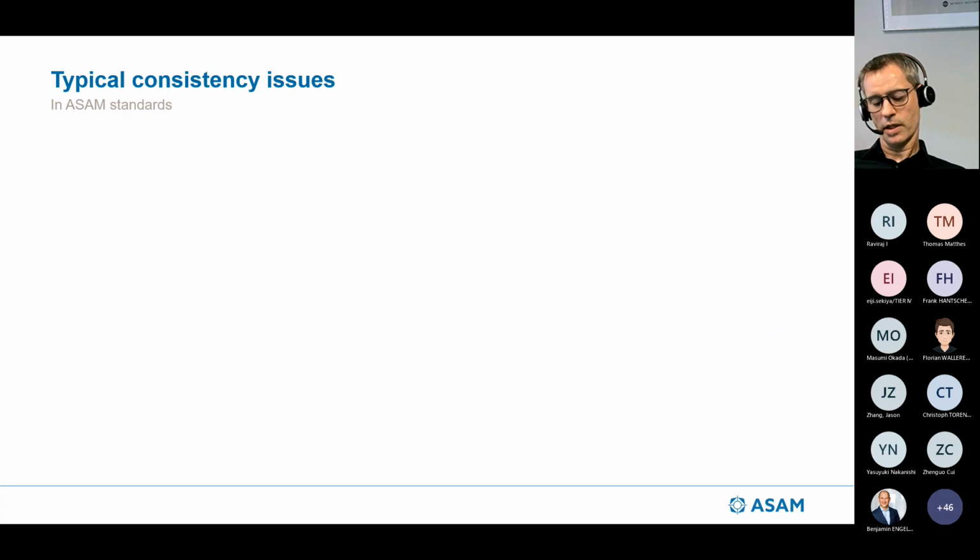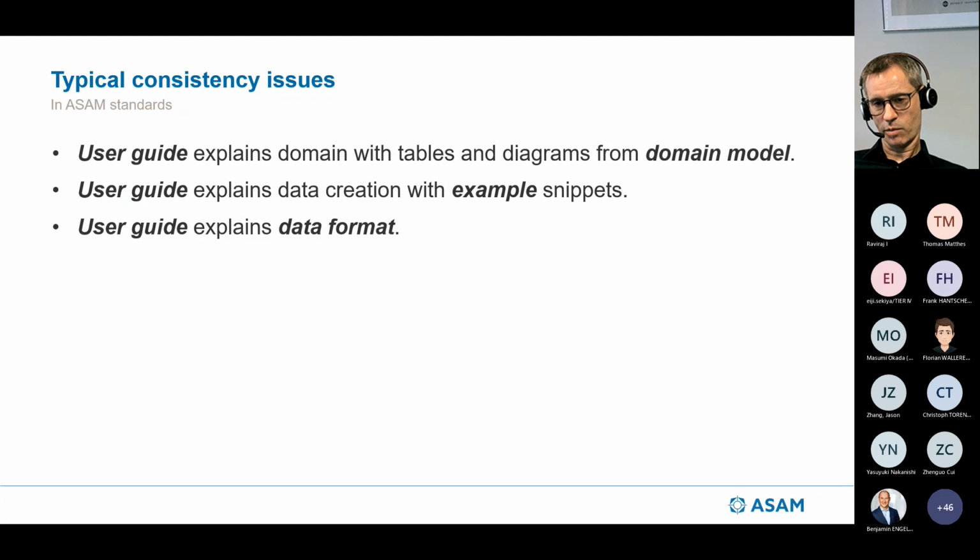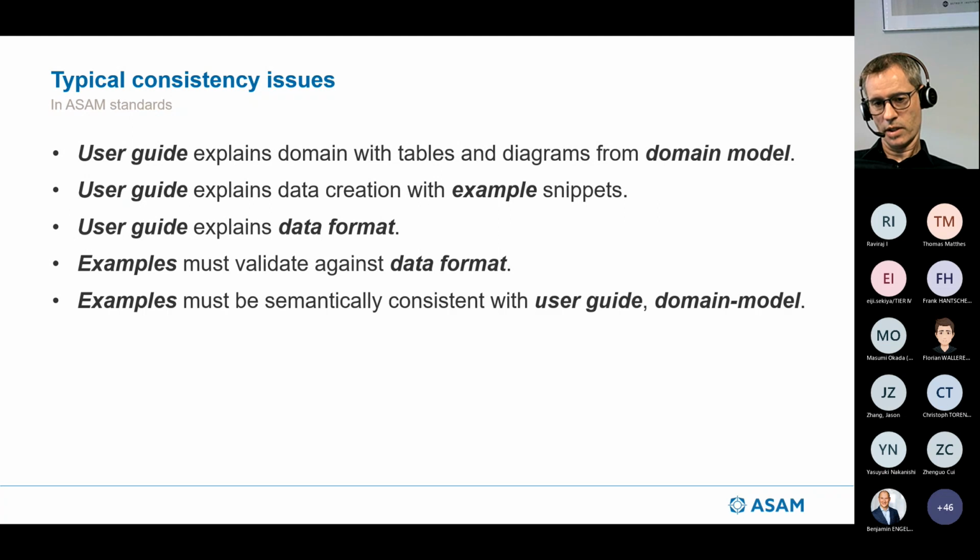And this is the case with any of the standards groups I've worked with. When we have so many sources for describing the domain, we have consistency issues. The user guide explains the domain with tables and diagrams from the domain model. The user guide includes examples. The user guide explains the data format. Examples must validate against the data format, and examples must be consistent with the user guide, domain model and data format.